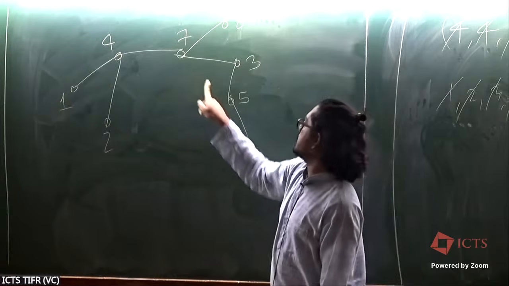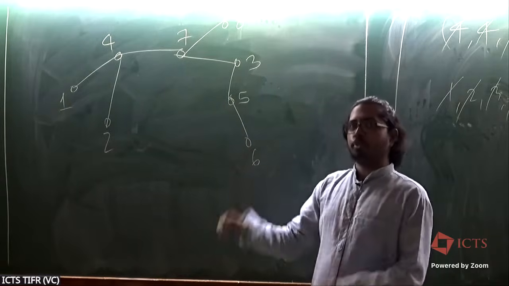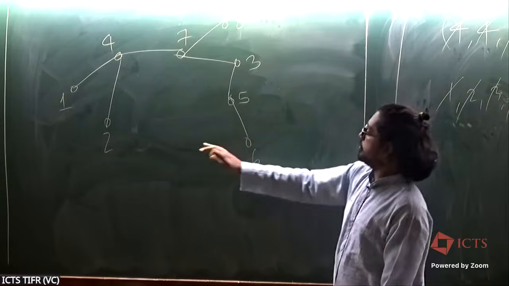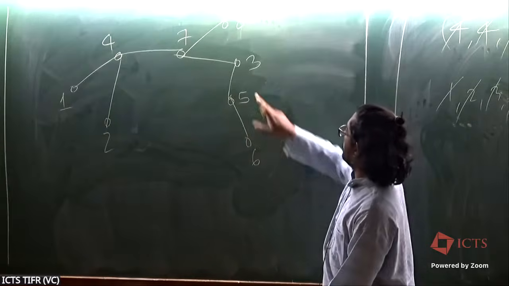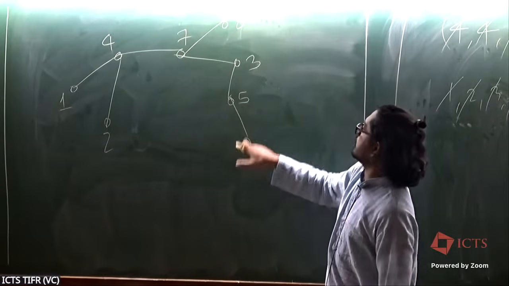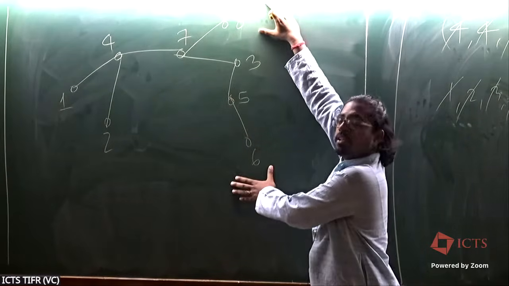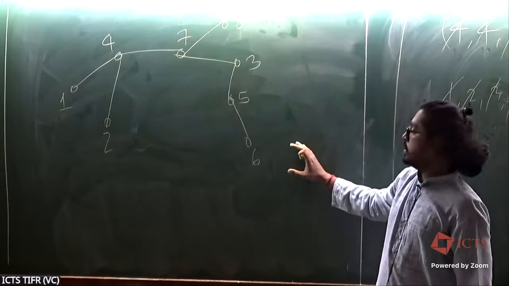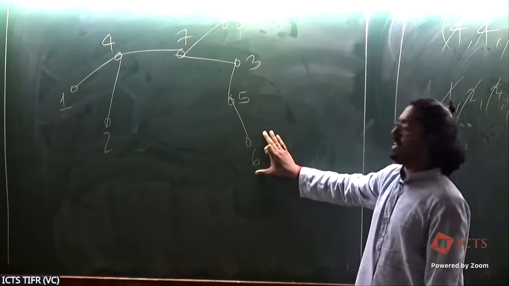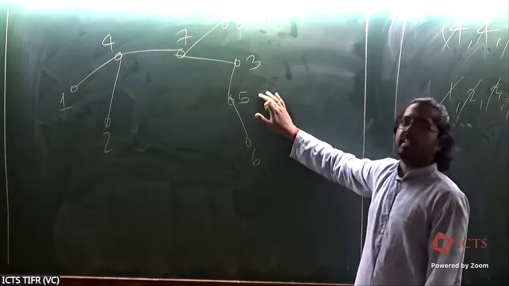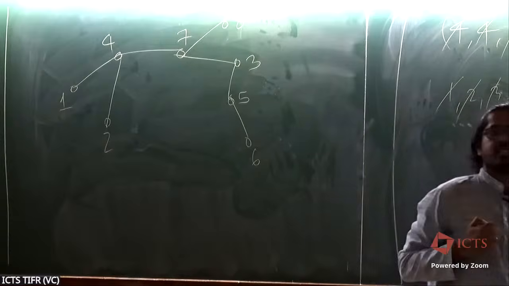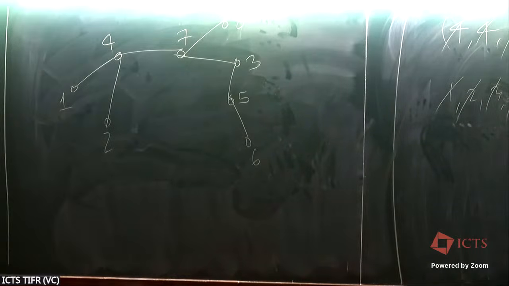After 3 rounds, I have this graph, 8, 7, 3, 5, 6 as a path. So only these 2 are the leaves. Among them, the one with the least label is 6. So I record 5, delete 6. Then 5 becomes a leaf. Then again it's a leaf, so I record 3, delete 5, and so on and so forth. Does that make sense? Yeah, thank you.